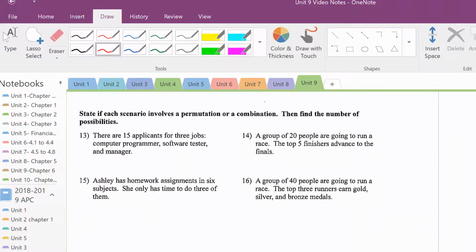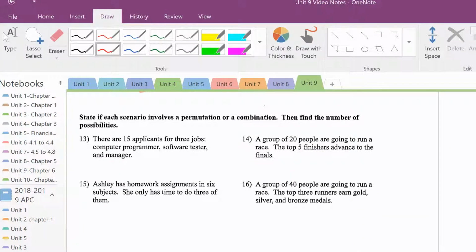So now we're going to state, is this a permutation or a combination? There are 15 applications for 3 jobs: programmer, software tester, and manager. So this is where order matters, because it's different to be a programmer than a software tester than a manager. So this would be a permutation. And to find the different possibilities, you'd go 15 permutation 3.